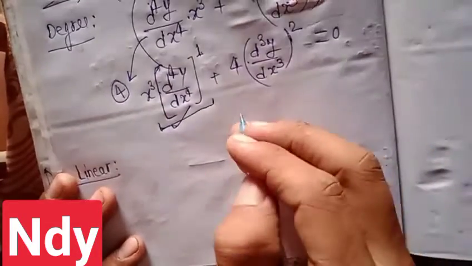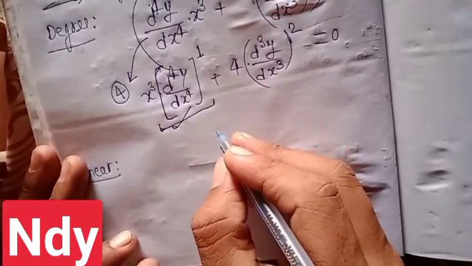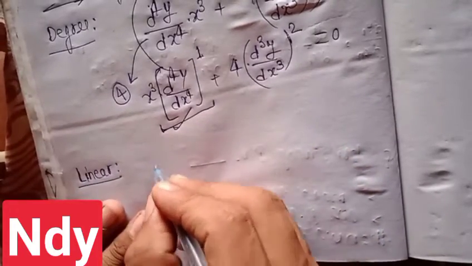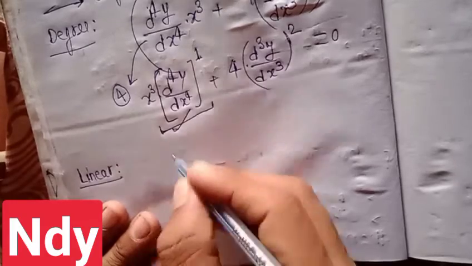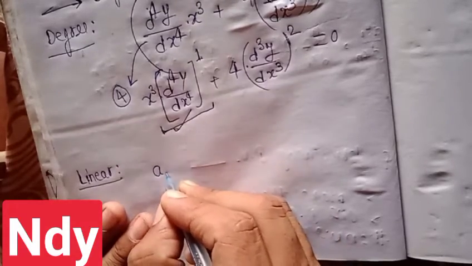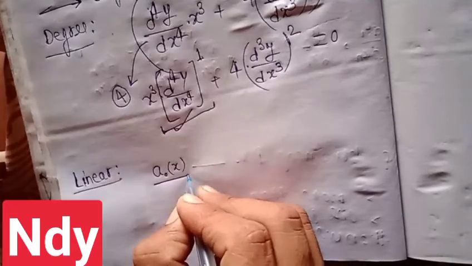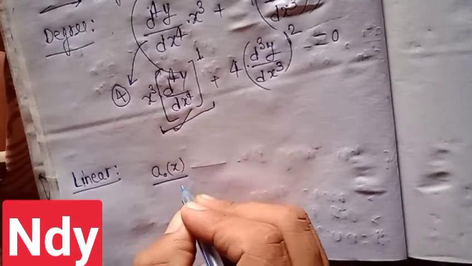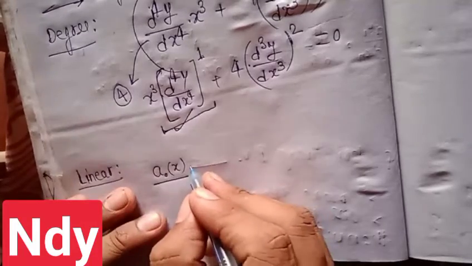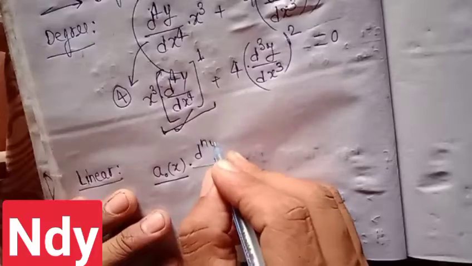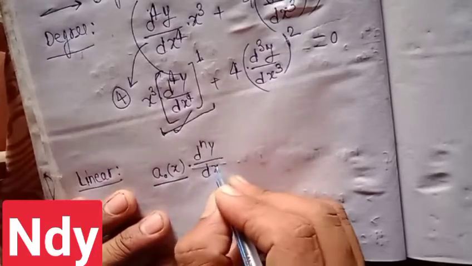So a differential equation is said to be linear if we can write the differential equation in this form. Which form? That is a naught of x, this means some function of the independent variable, because x is the independent variable, into d^n y by dx^n.